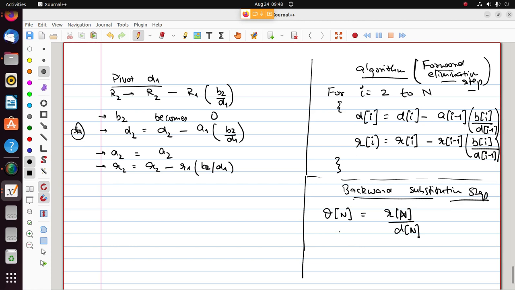So then we get a loop here as well. This time we start from n minus 1 because that is the second last row, and we go all the way to the first row because the first row is the equation for theta 1.